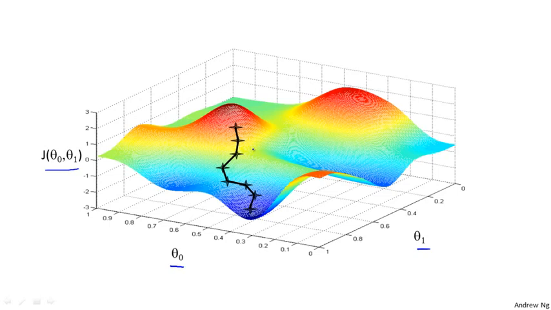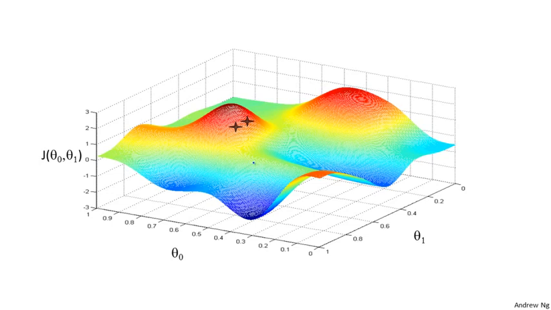Gradient descent has an interesting property. The first time we ran gradient descent, we started at this point over here. Now imagine we had initialized gradient descent just a couple steps to the right, at that point on the upper right.